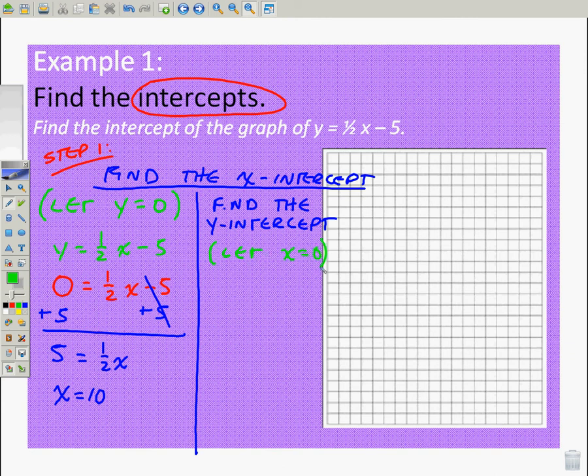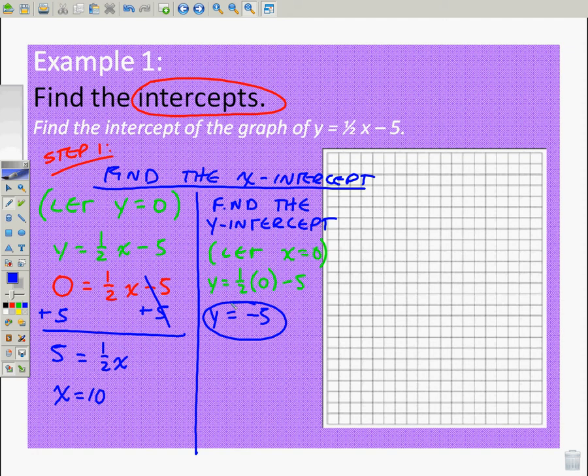Let x equal 0. y equals 1/2 times 0 minus 5. This one looks a little bit easier because the x is getting substituted in. If x is 0, 0 times anything is 0, so y equals -5. That is my y-intercept, y equals -5.